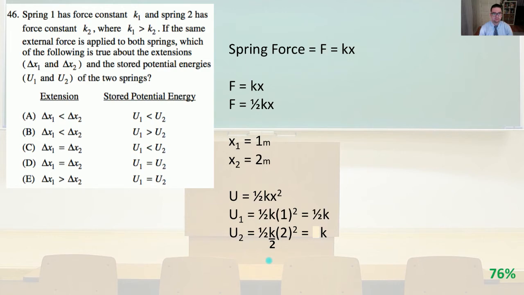So you can see that U2 is greater than U1, and the extension x1 is going to be less than the extension x2, as you can see right here, and so that is answer A.